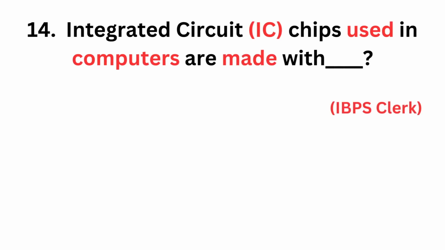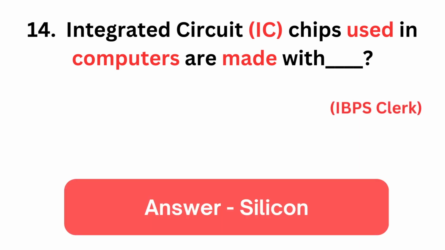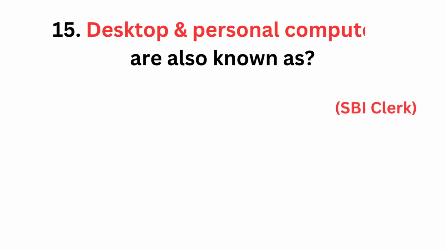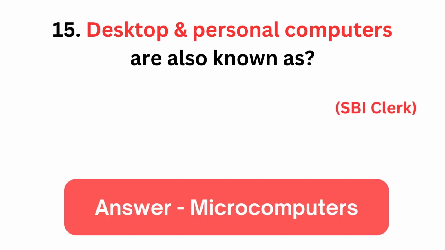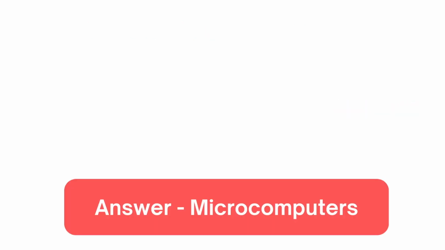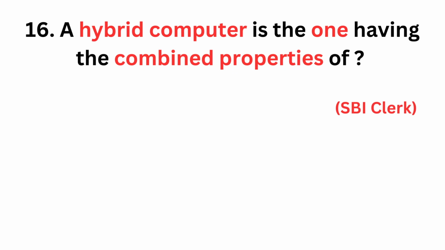Integrated circuit IC chips used in computers are made with what? Silicon. Desktop and personal computers are also known as what? Microcomputers. A hybrid computer is the one having the combined properties of what?